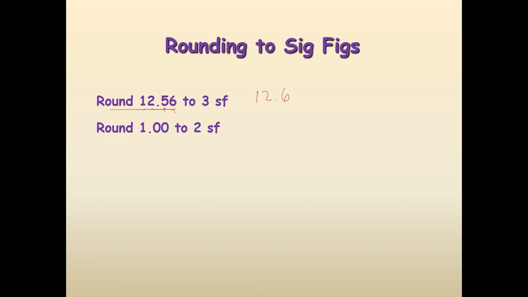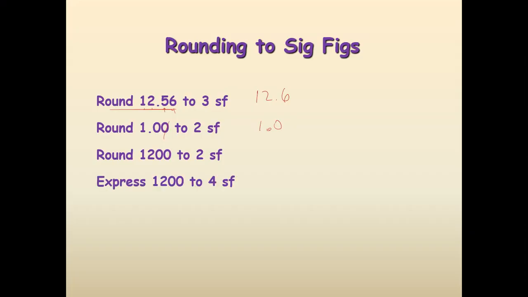What about 1.00 to 2 sig figs? Well, 1.00 has 3. If I lose this last digit 0, then it's got 2. What if I had 1,200 to 2 sig figs? Well, it already has 2 sig figs. 1,200 is 2 sig figs.